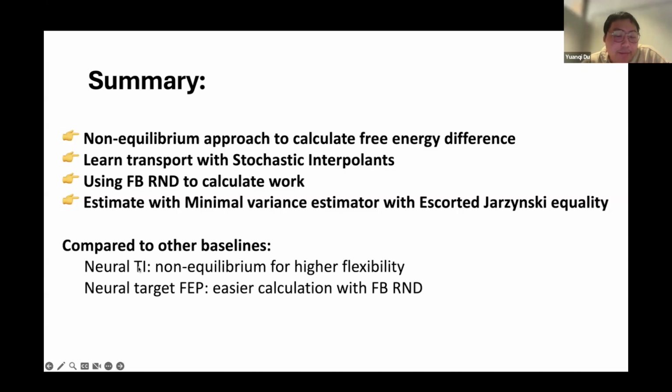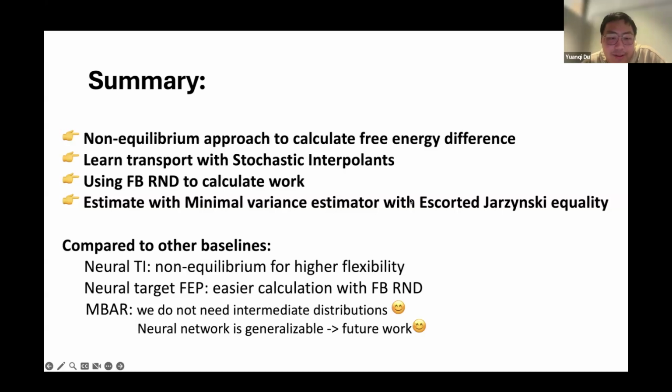The comparison to other baselines: with neuro TI, we are non-equilibrium and they are equilibrium. They learn the energy, and then they sample and do TI essentially. With neural targeted FEP, people use normalizing flows, and I know Hannes also played with flow matching and others. We thought it's easier to calculate the work.